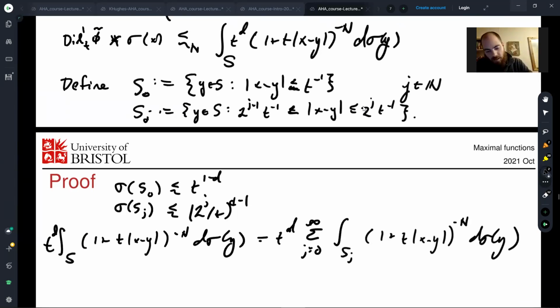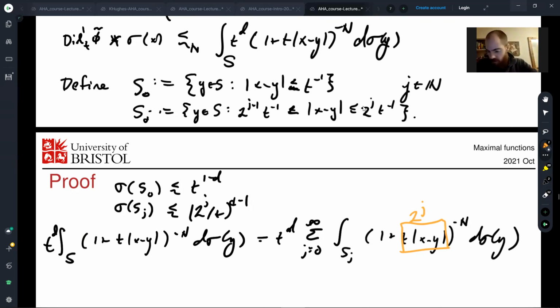And well, we defined our sets just to exactly offset this right here. On S j, this is just 2 to the j.